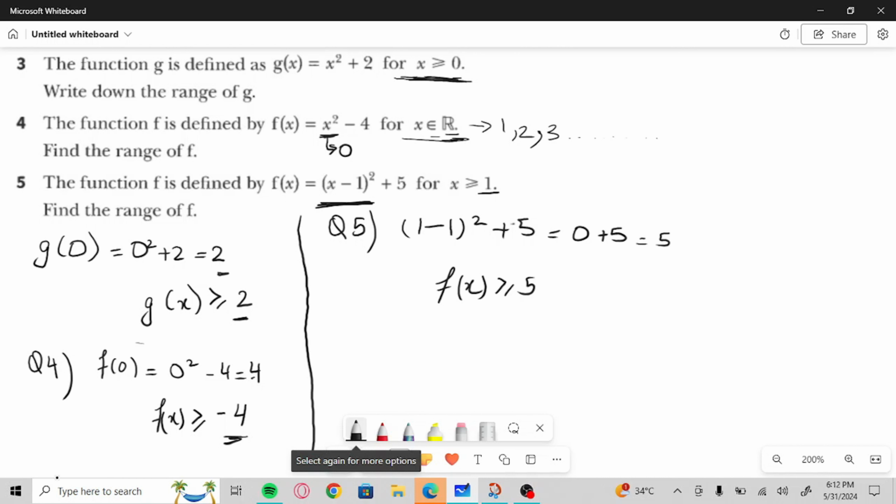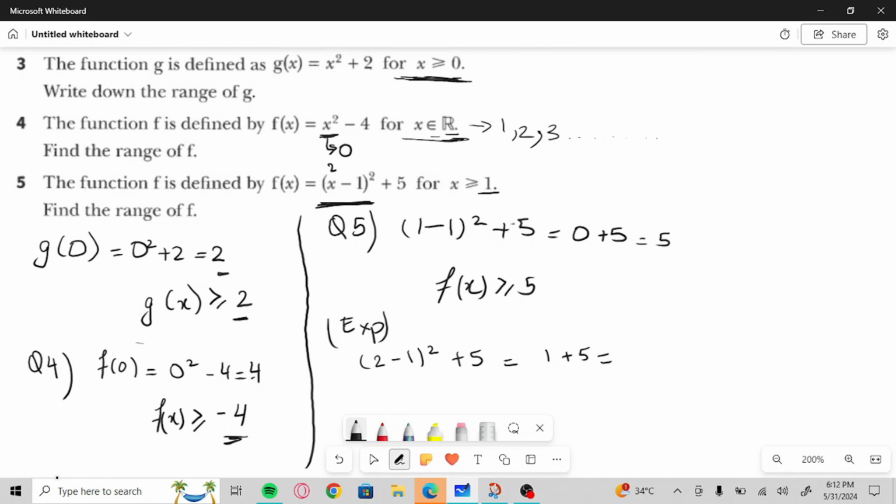If we just input 2 instead of 1 here, it's going to be 1 squared. I'll just give you an example. If we had input any other value, for example even 2 instead of 1, we would have 2 minus 1 squared plus 5, which would be equal to 1 plus 5, because again this is going to be a positive 1.